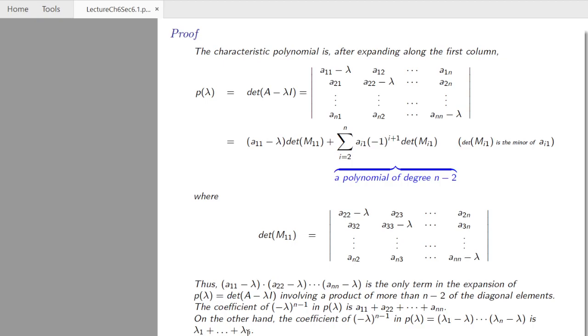So these are two representations for the coefficient of negative lambda to the power n minus 1. They should be the same. That means the sum of eigenvalues equals the trace of matrix A.